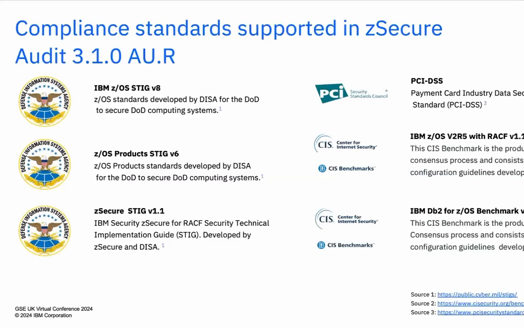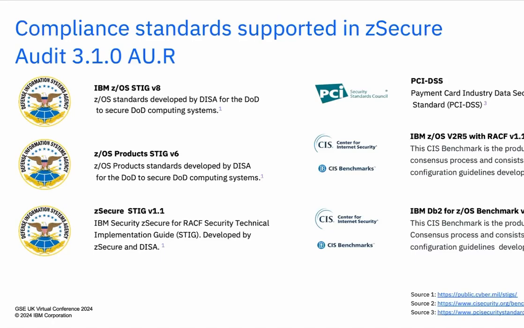These are the compliance standards that are currently supported in zSecure Audit 3.10. AO.R is the main menu that opens in zSecure Audit, and this is about compliance reporting. In the last years, we have added a lot of new features and a lot of new standards. On the left-hand side of the screen, you can see the standards that are published by DISA, the Defense Information Systems Agency of the Department of Defense.